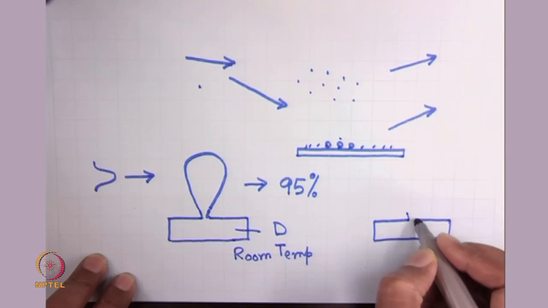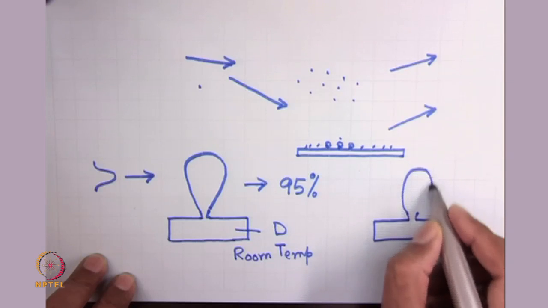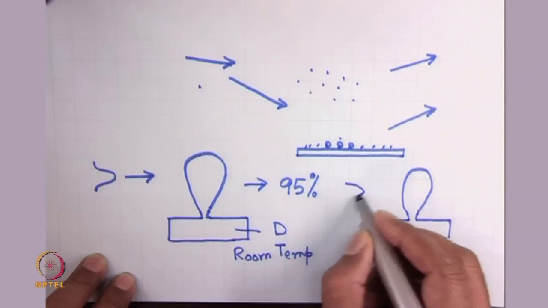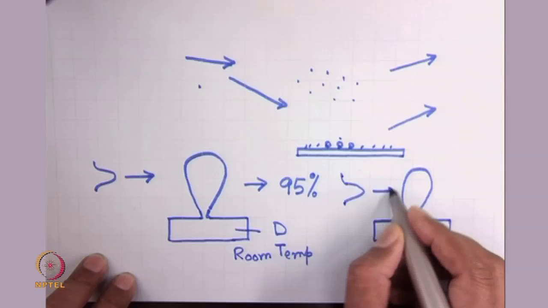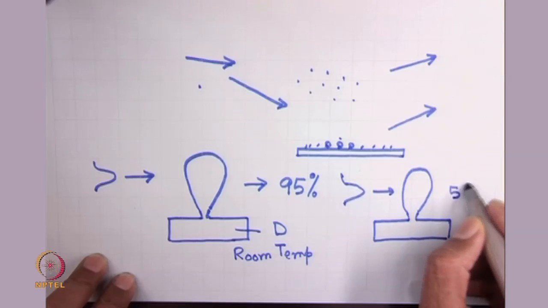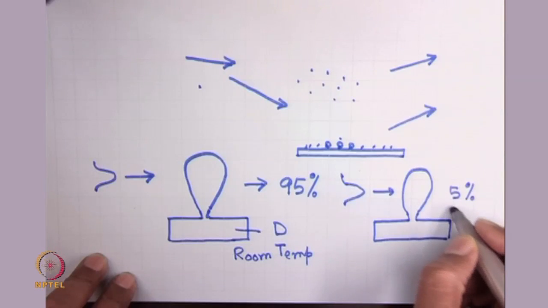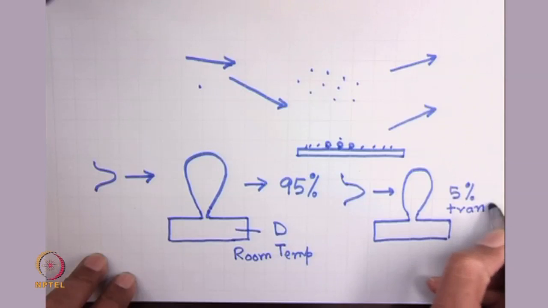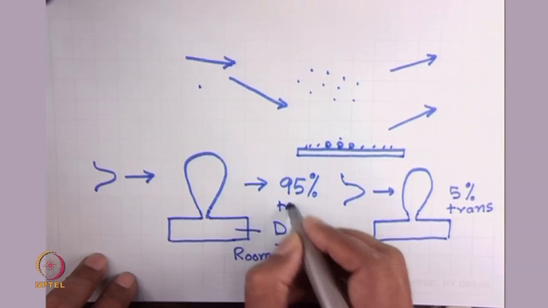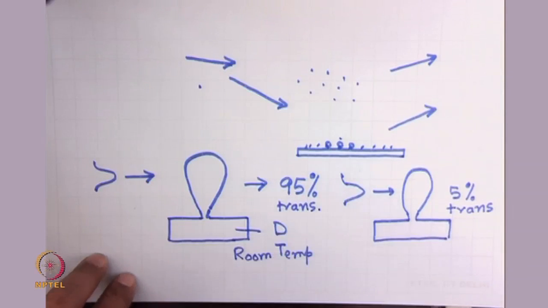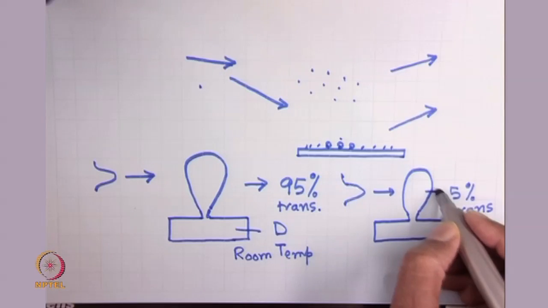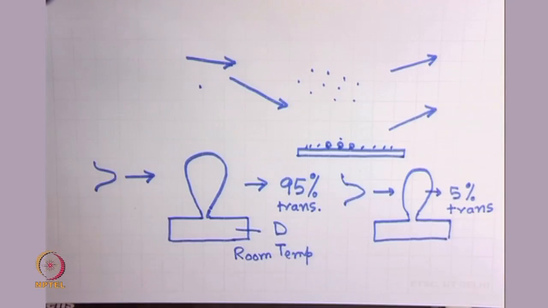If you have a nozzle here, the plume was like this, laser light was coming like this, and only 5% transmission was there. Besides the laser which was transmitted, they found a huge flux of neutrons produced.